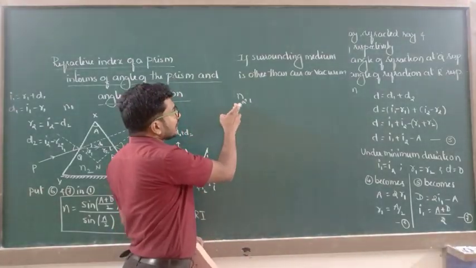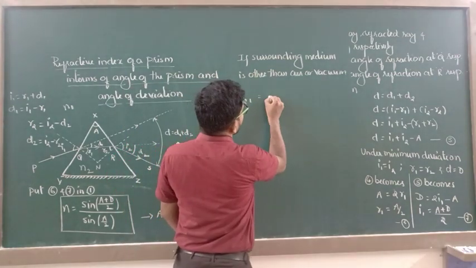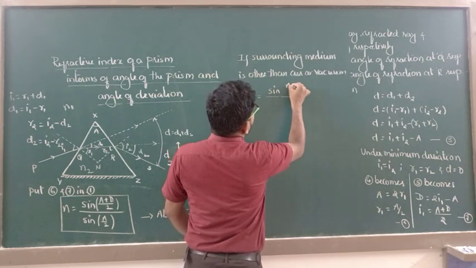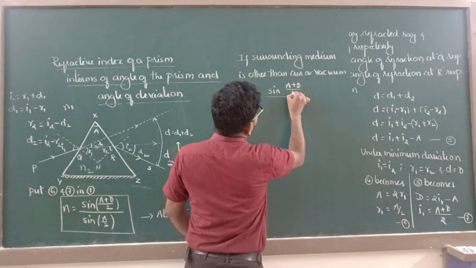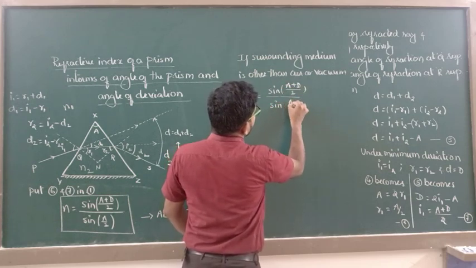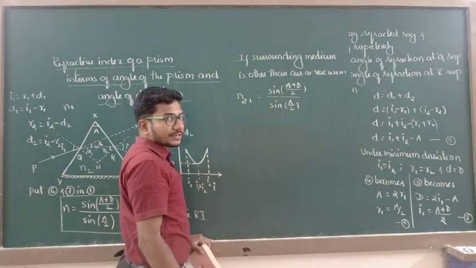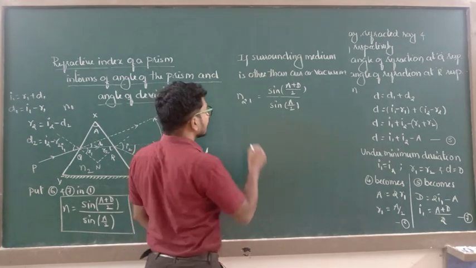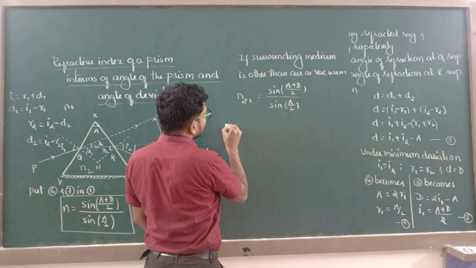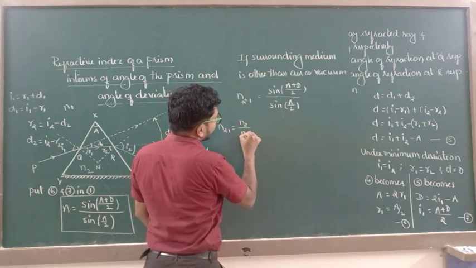Therefore, in case of relative refractive index, N21 is equal to sin A plus D by 2 whole divided by sin A by 2. We know the relation between absolute refractive index and relative refractive index, N21. So N21 is equal to N2 divided by N1.